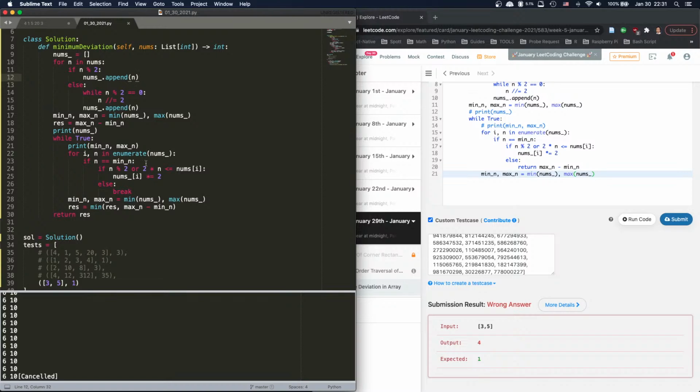Why would this still be stuck in here? I have no clue.